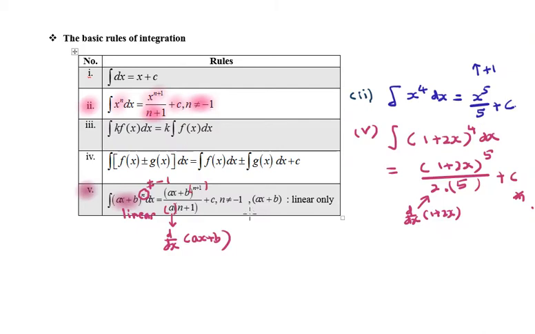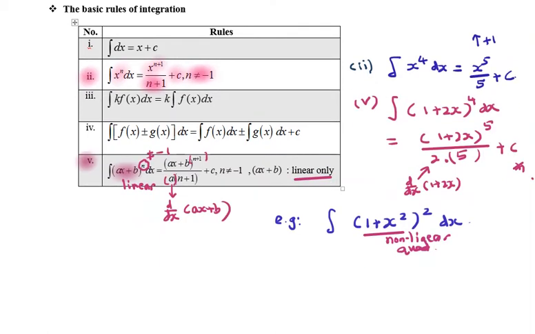Sometimes students might overuse or misuse this rule. For example, integrate of a quadratic function raised to power 2. Do take note here, this is not linear, it's a non-linear function. It's called quadratic.